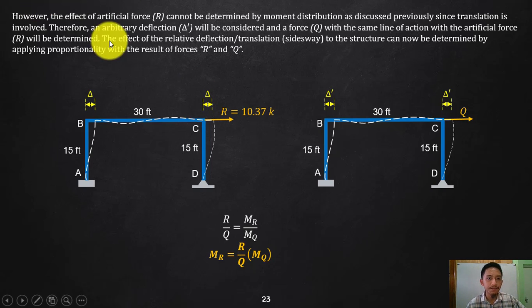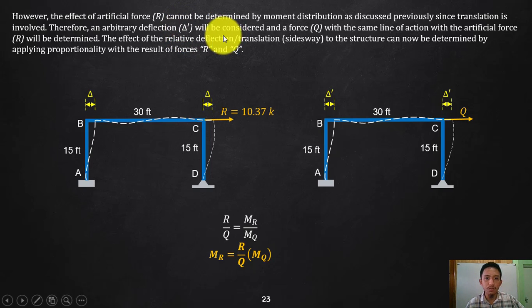However, instead of applying that delta and your R on the structure, and then finding the value of delta, all we need to do now is reverse the process. I will now be assuming a deflection. Let's call that one delta prime.